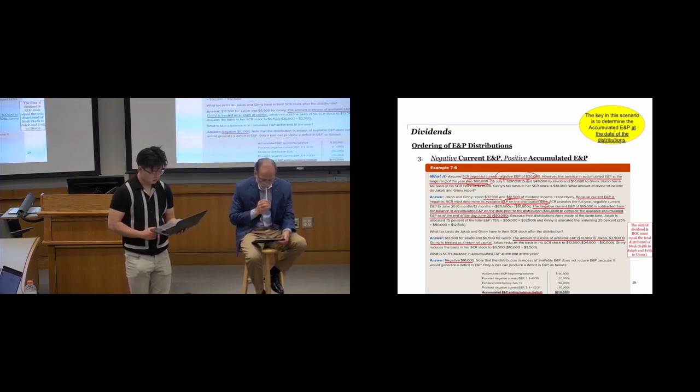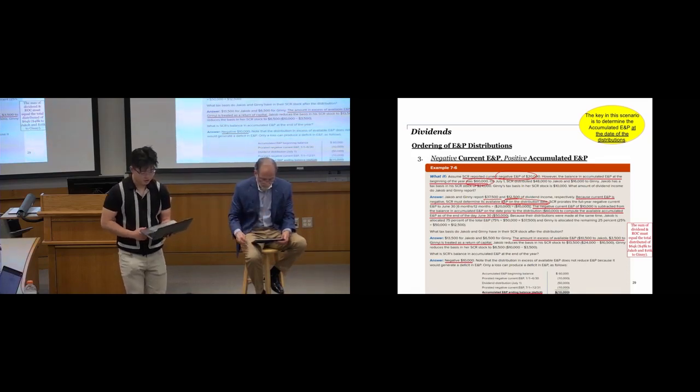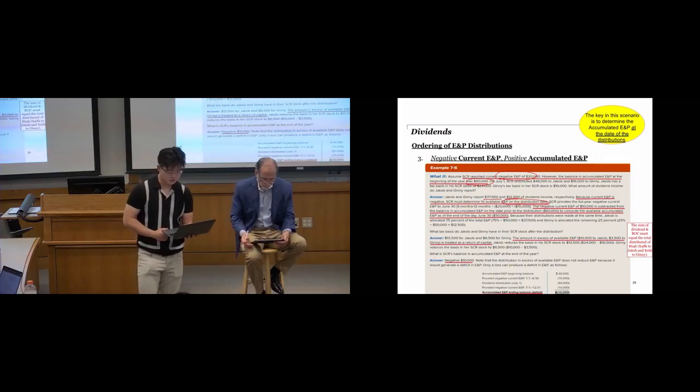earnings. What tax basis do Jacob and Ginny have in their SCR stock after distribution? That will be 13,500 for Jacob and 6,500 for Ginny. The amount in excess of available E&P, which is 10,500 to Jacob and 3,500 to Ginny, is treated as a return of capital.